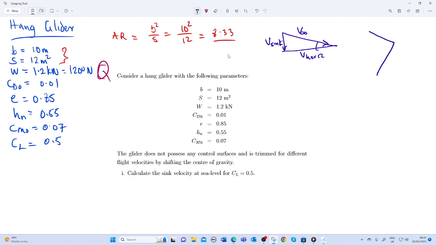Also, we can deduce that in the flight path diagram, this part indicates the weight force acting down, this represents the lift, and this part represents the drag.